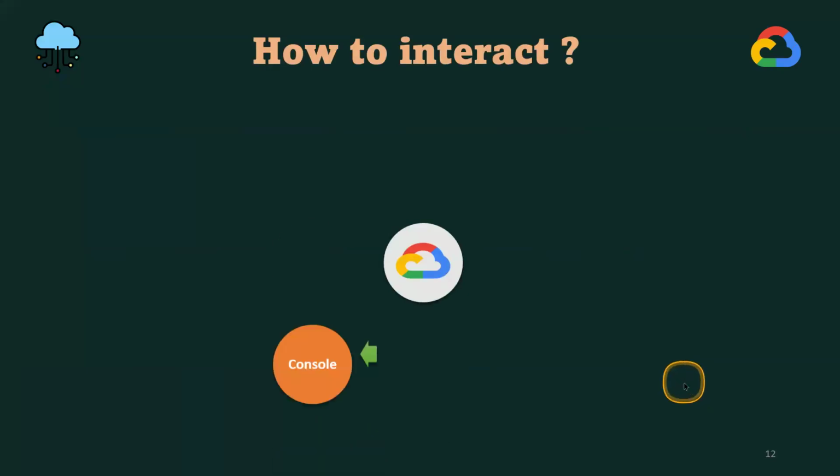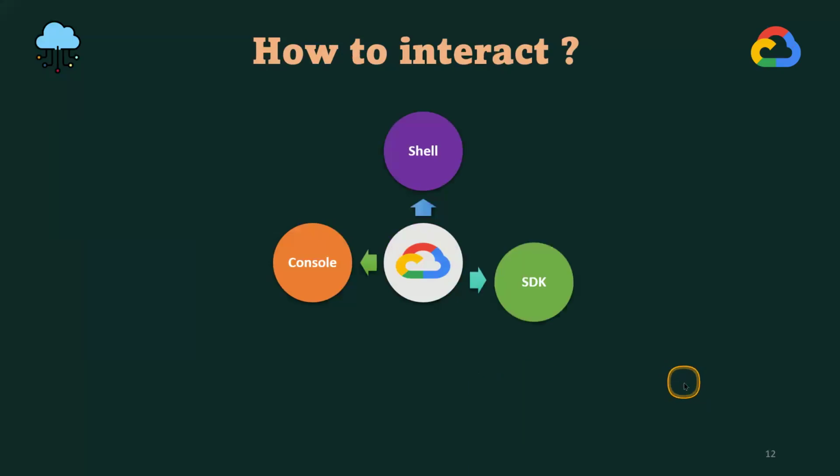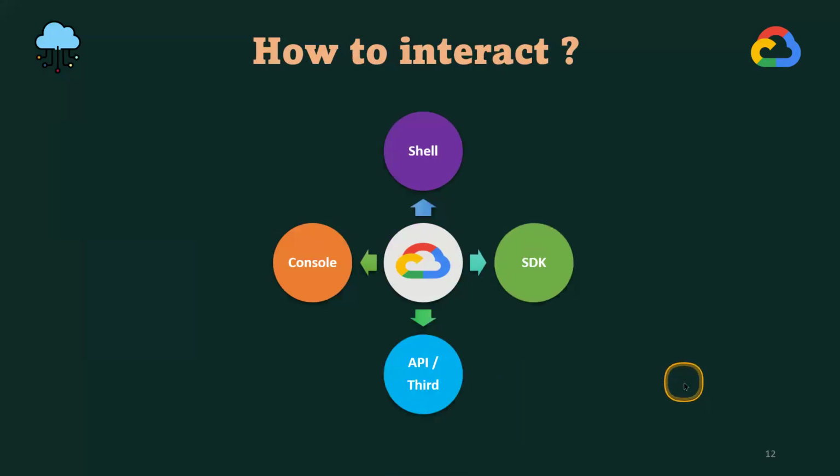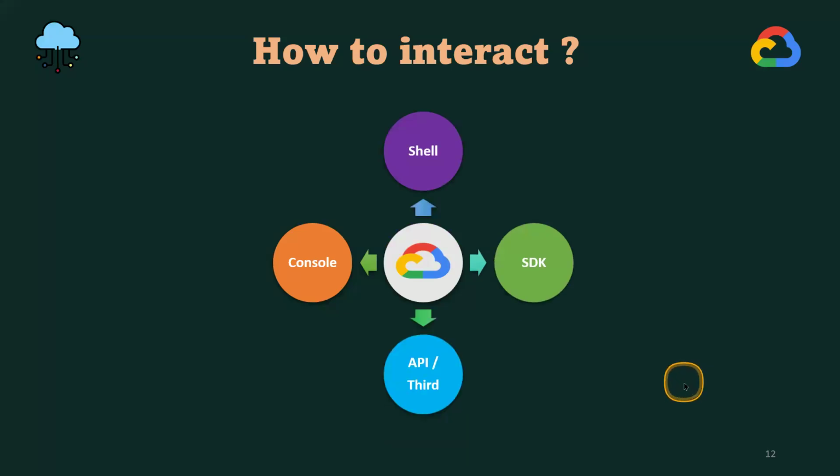One is Console. The second one is Cloud Shell. The third one is Cloud SDK. The fourth one is third party tools or APIs. We don't use it much, but this is a fourth method, APIs and third party tools. The very first one is Console, then Cloud Shell, Cloud SDK, and APIs and third party tools.